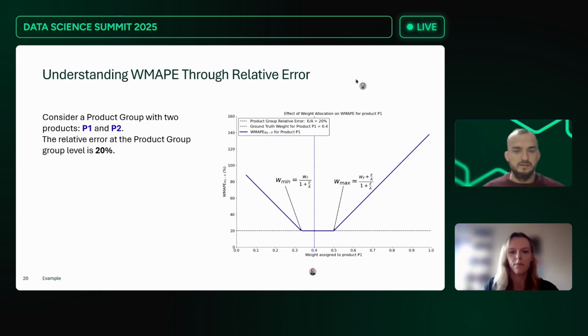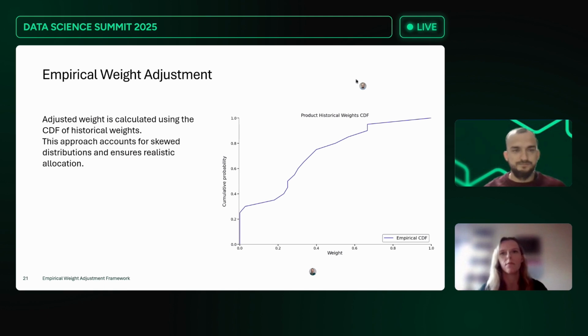And how can we use this knowledge to create our method? So at first, we can go to the next slide to plot the computed distribution of weights for a given product based on the historical data we get, and the associated cumulative probability.